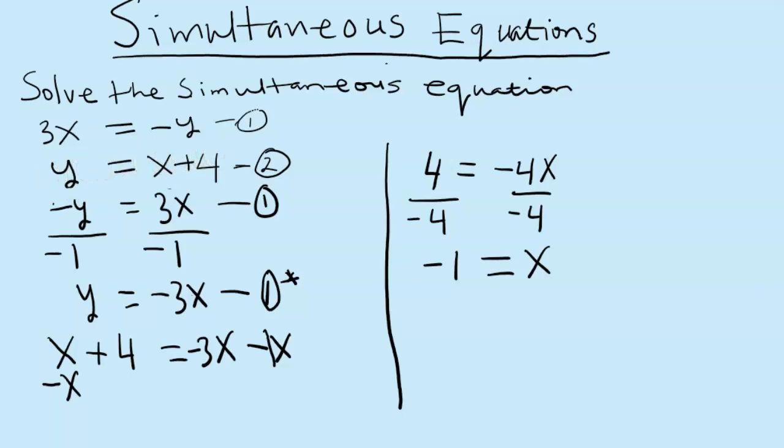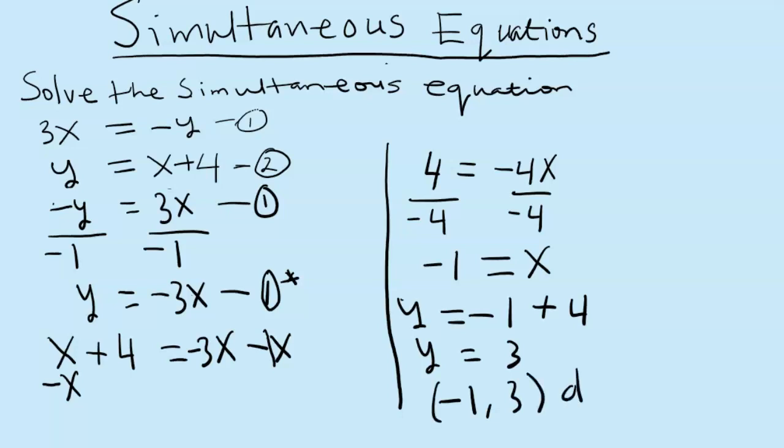So let's do that. y equals, in place of the x, we put negative 1 plus 4. And we get y equals 3. So our solution is negative 1 and 3 as our answer. We are done.